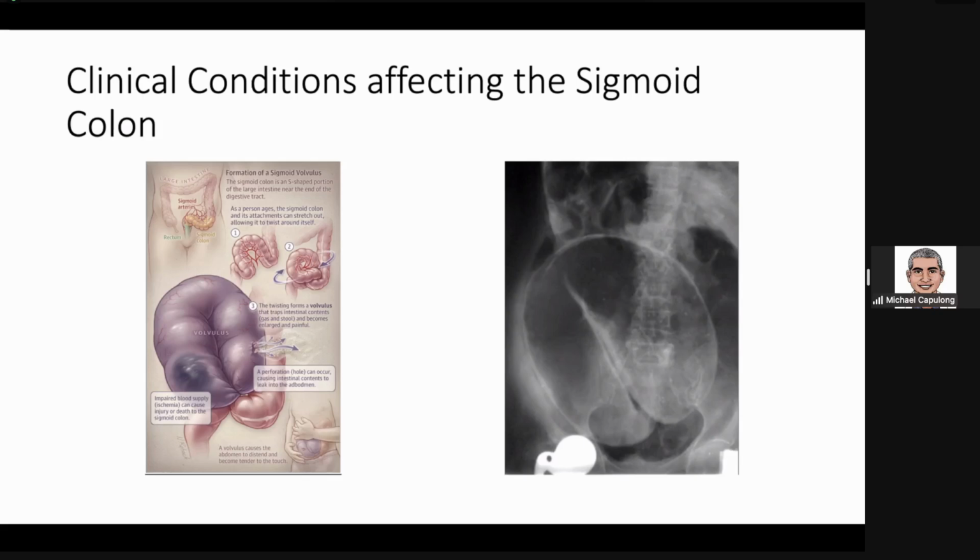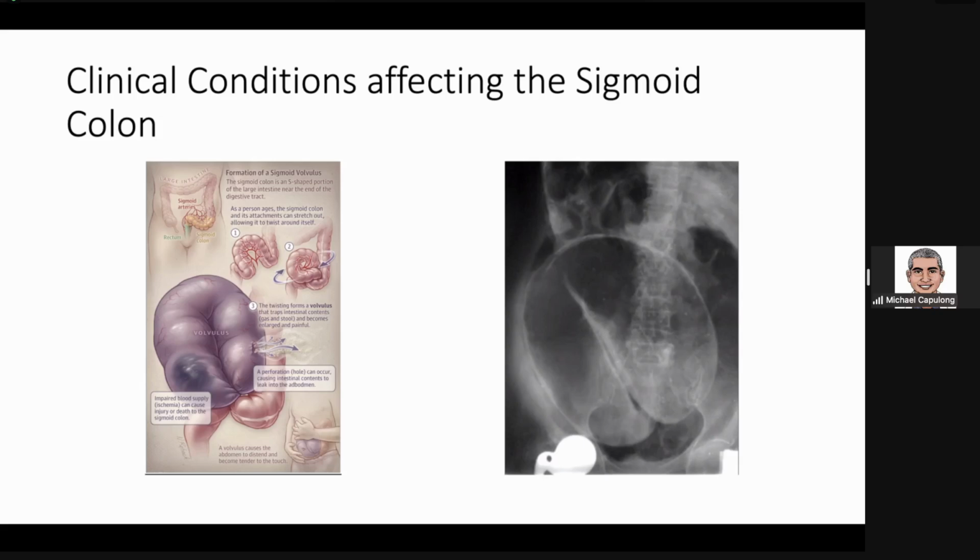Next, I mentioned a redundant sigmoid earlier. A redundant sigmoid causes extreme mobility and rotation of the sigmoid, and usually it rotates on its own mesentery.